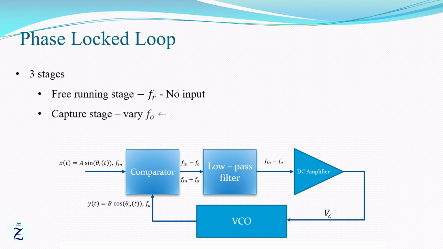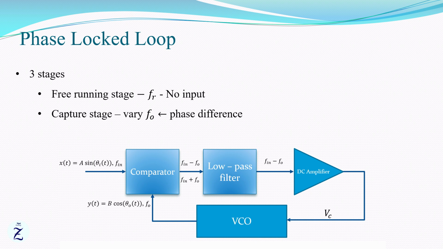In the capture range, the circuit will start to vary the frequency of the output signal due to the difference in phase or frequency between the input signal and the VCO output. Each successive cycle causes the VCO frequency to move closer to the input signal frequency.